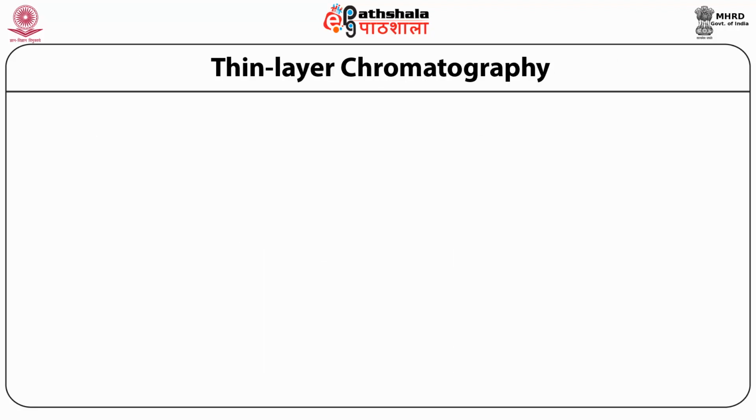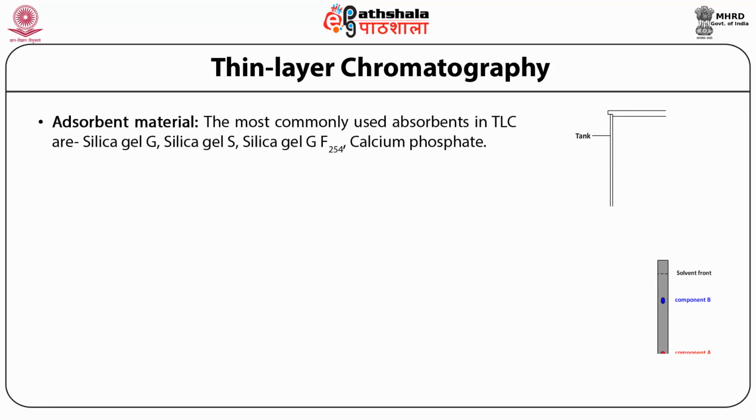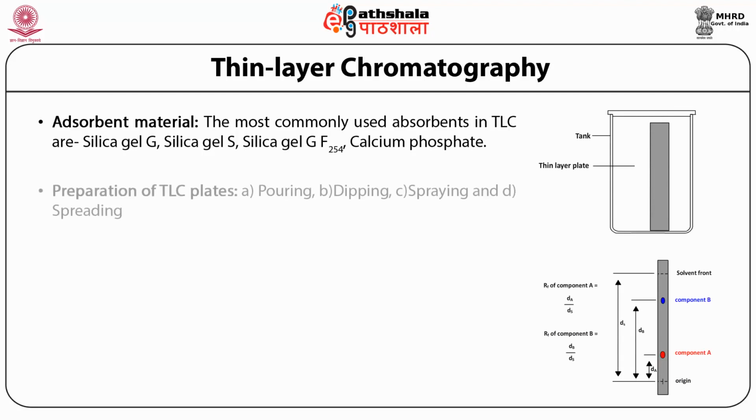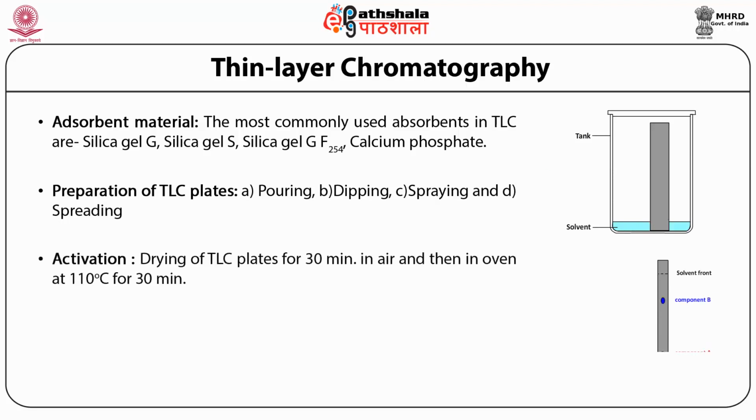The thin layer chromatographic system is a very old system. It is commonly used in natural product analysis. Various types of stationary phases are silica gel G, silica gel G F254 or calcium phosphate. The preparation of these TLC plates is done by pouring, dipping, spraying or spreading, followed by activation of the plates.